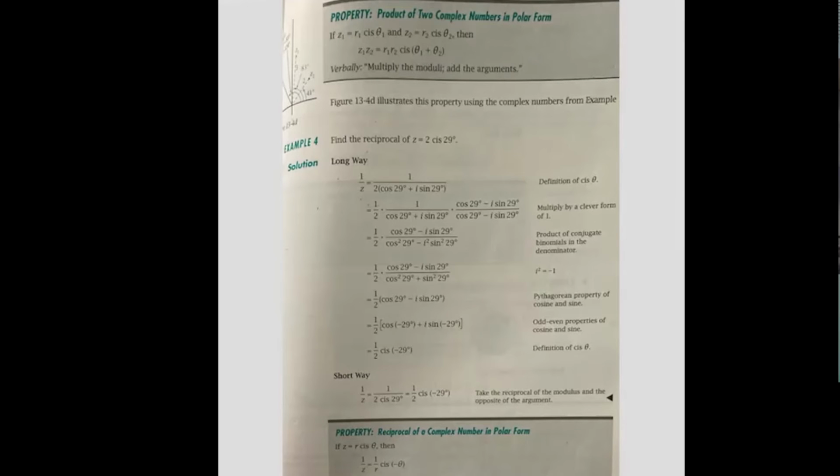And if you turn the page in your book, you'll see that the quotient of two complex numbers in polar form is pretty much the same thing, except that instead of multiplying the moduli and adding the arguments, we're going to divide the moduli and subtract the arguments, which is not really all that surprising when you remember that dividing is the same as multiplying by the reciprocal, and the reciprocal involves using the reciprocal of the modulus and the additive inverse of the argument.